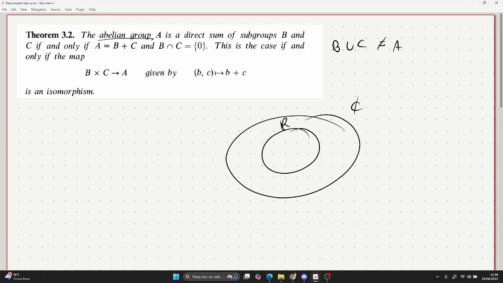Are they abelian groups? Yes, under addition they are, because the real set is closed under the operation, so the law of composition is valid. It's associative, it's commutative, so it's abelian. And both are groups because they have 0, which is the identity element of addition. So they are groups under addition.